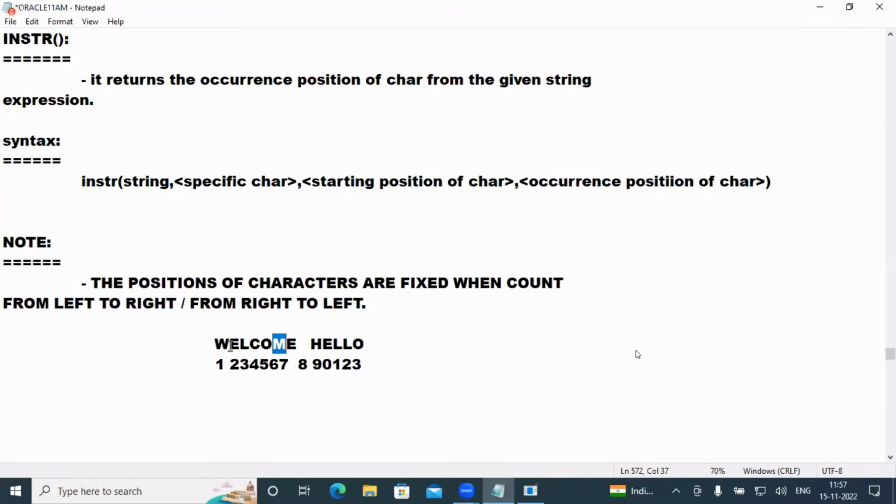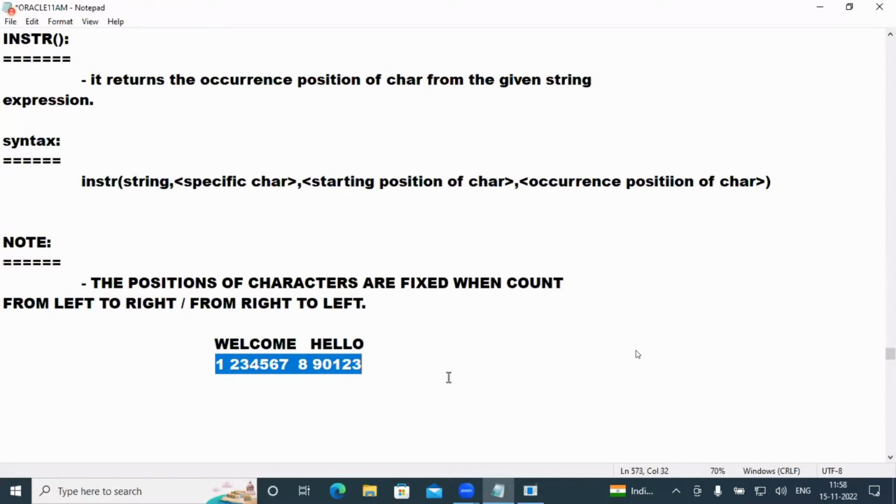Understand now? So if you count your characters from any direction, you can count left to right or right to left. Both ways you can count, but your character positions will be fixed.